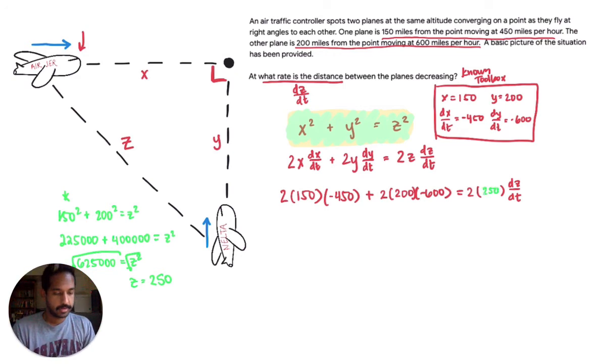We can plug that in, and then we can solve this out. 2 times 150 is 300. 300 times negative 450.